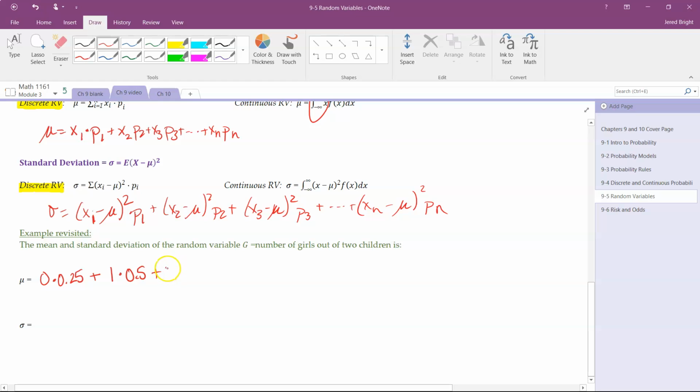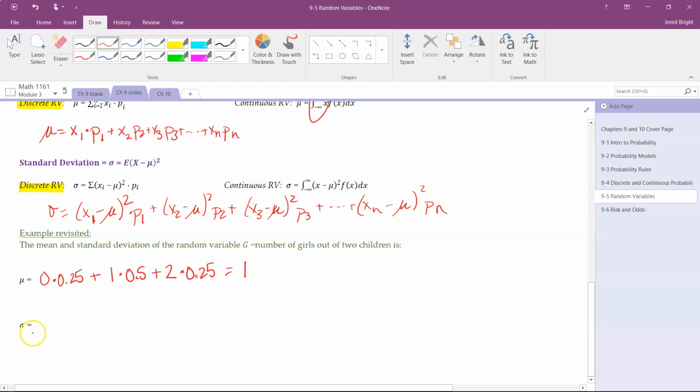And then finally, 2 girls times its corresponding probability. I can add that up, and you can do the math, and you would get 1 girl. So what this means is, on average, for this random variable that is number of girls out of 2 children, I would expect one of them to be a girl, which makes sense, right? If a boy and a girl are both 50%.